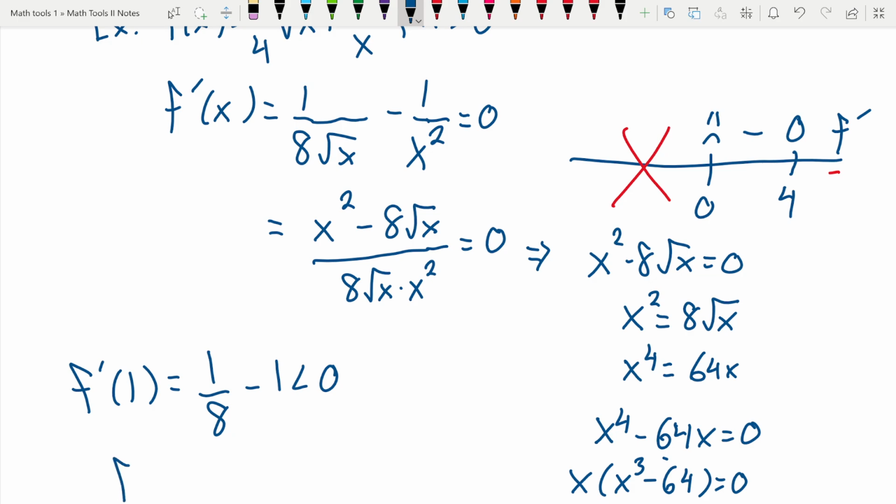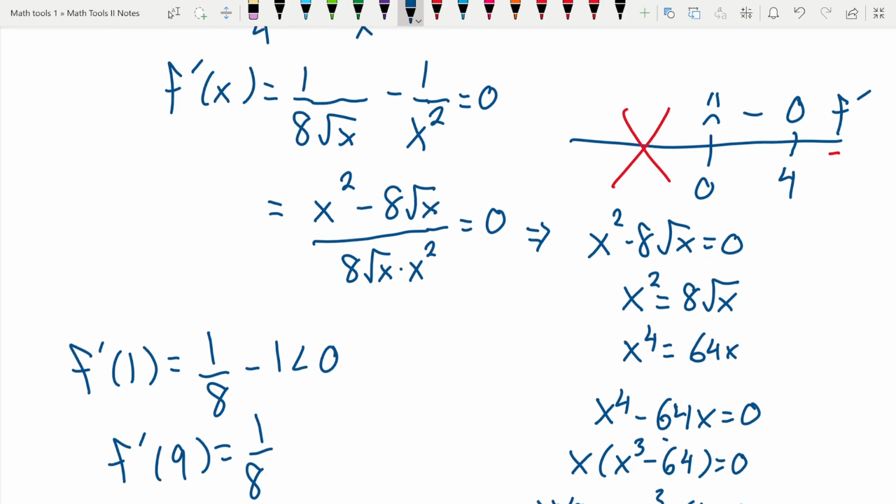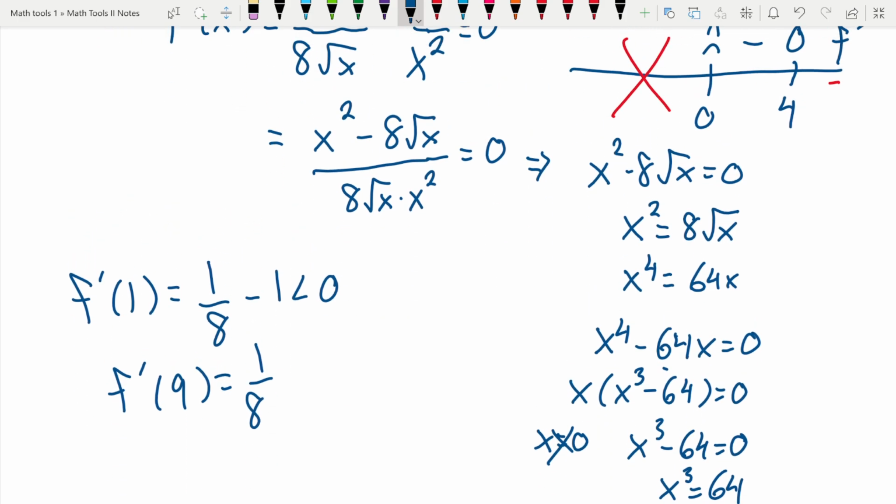So now we'll do f prime of, say, like 5. Or maybe it would actually be easier to use a perfect square because we have that square root. So let's use 9. So 1/8 times the square root of 9, so 3, minus 1/81, which is 9 squared.